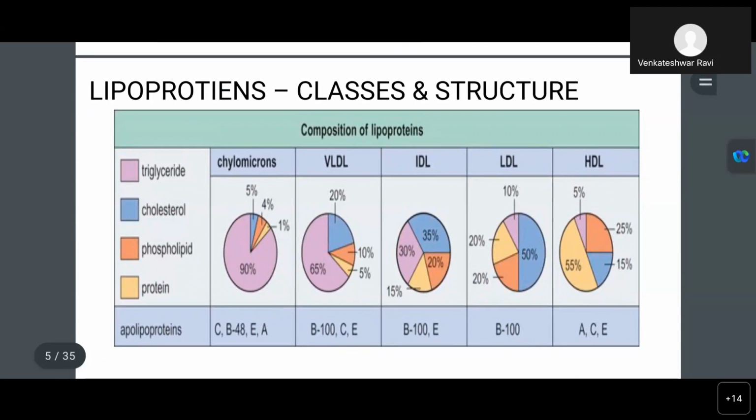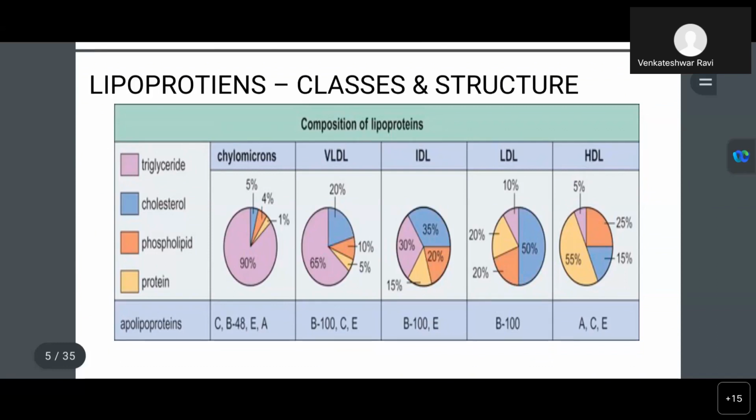Whereas VLDL has 65% triglycerides, IDL has 30%, and LDL has more cholesterol, amounting to 50%. And our good cholesterol, HDL, has more proteins than the other lipoproteins. Each lipoprotein is characterized by specific apolipoproteins, which are markers that help in easy identification of the lipoproteins.